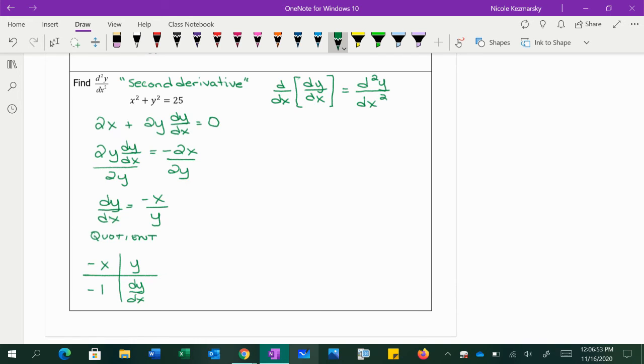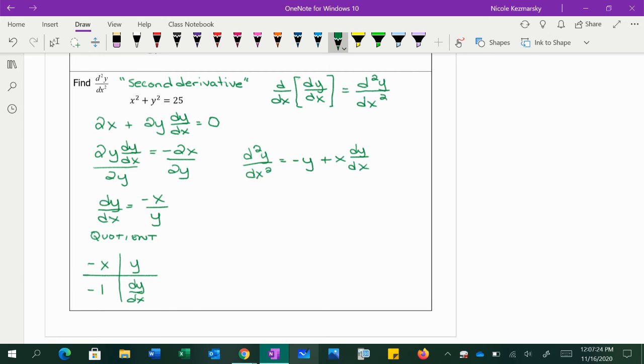So I'm taking the derivative of the derivative, which means I am finding the second derivative. Whoops, not third derivative, second derivative. So I'm going to do negative x times y, so negative y, minus negative x dy dx.